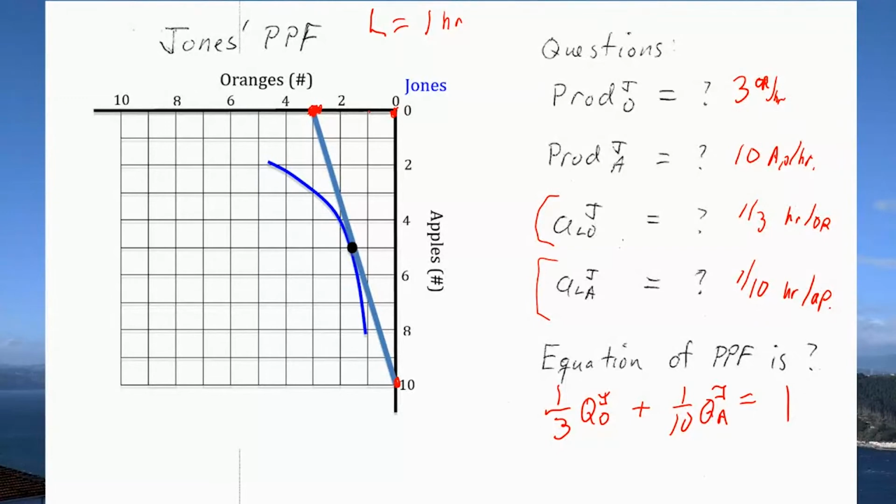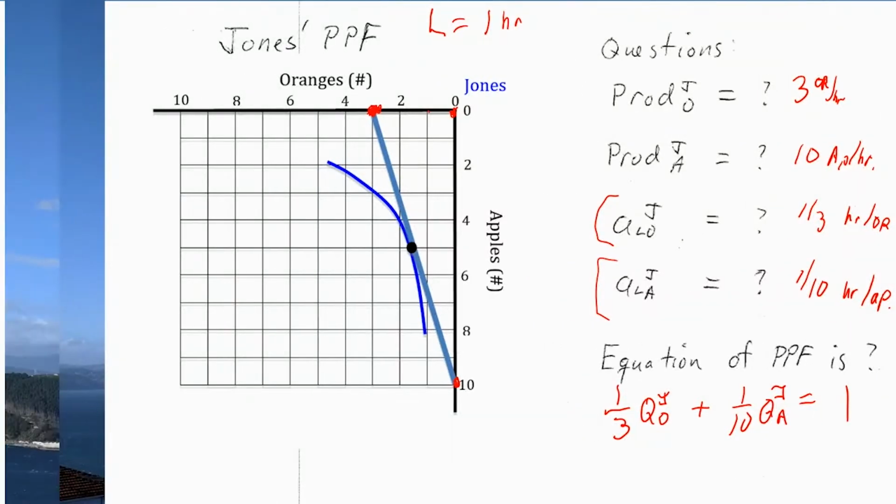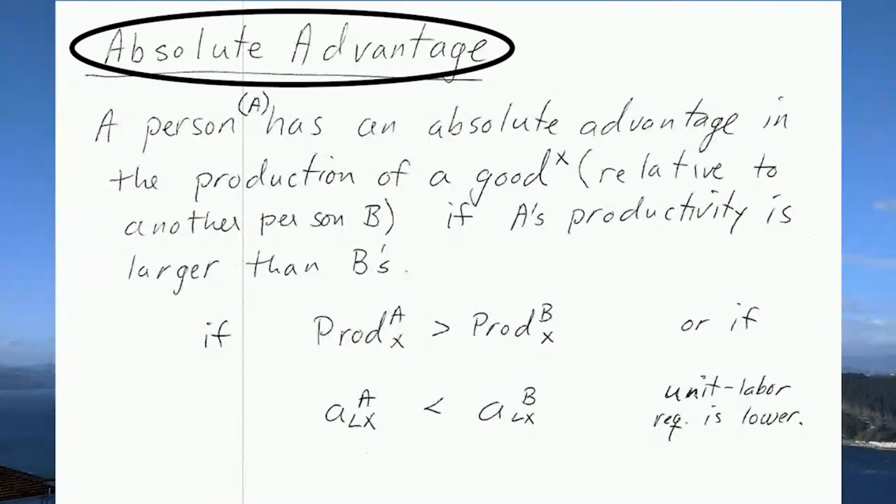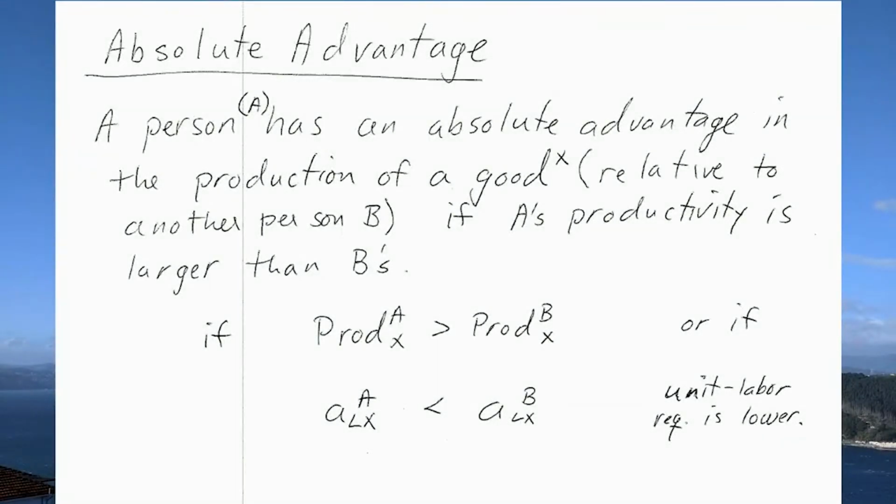Okay, pretty simple, straightforward. Next, I want to define the following concept, absolute advantage. Now, I've got this written in kind of an obscure way, but what I'm saying here is that somebody has an absolute advantage in the production of some good. We can be very general about it and call the person A and the good X and so forth. But here we're talking about apples and oranges.